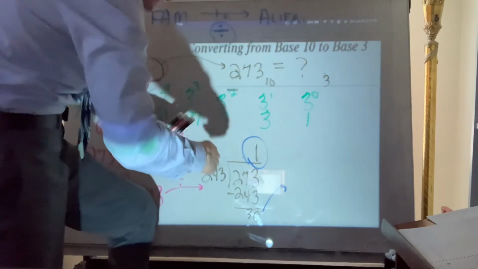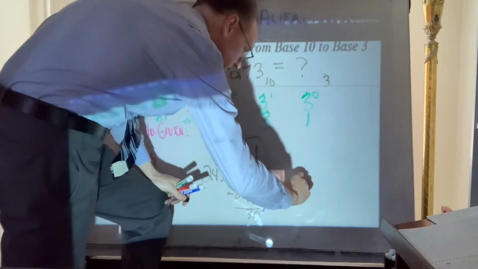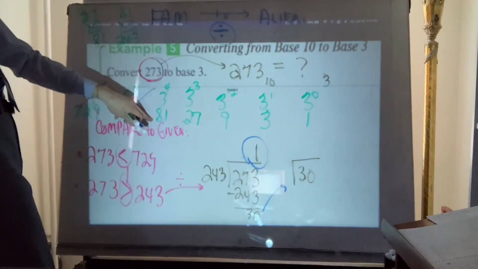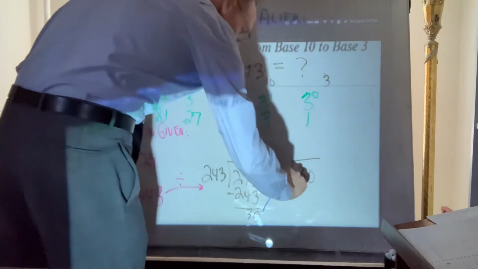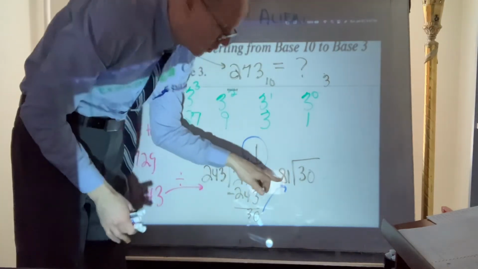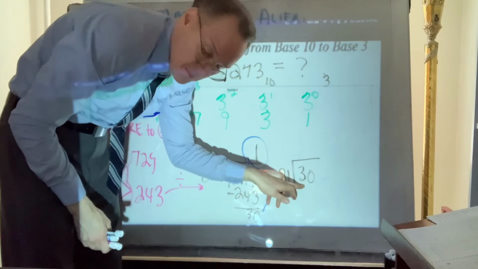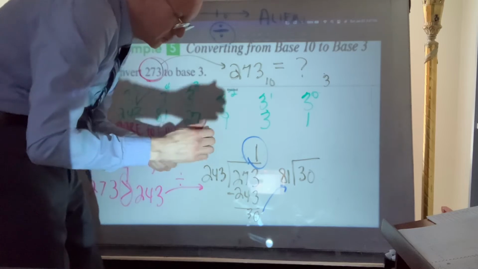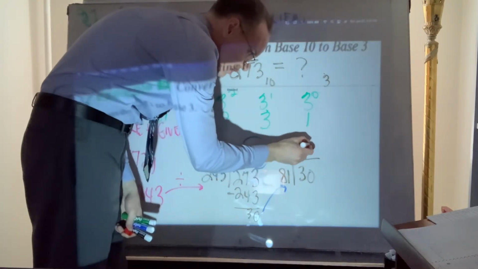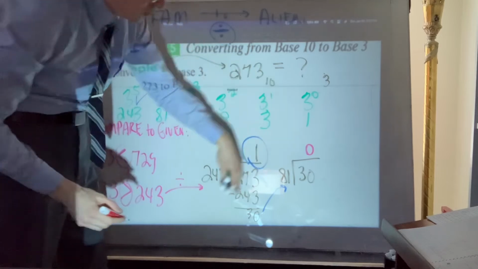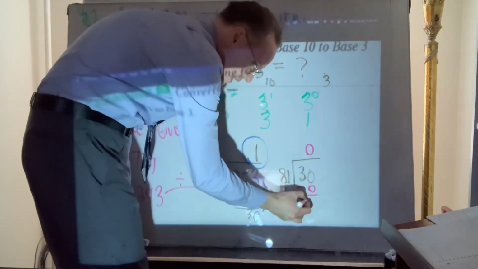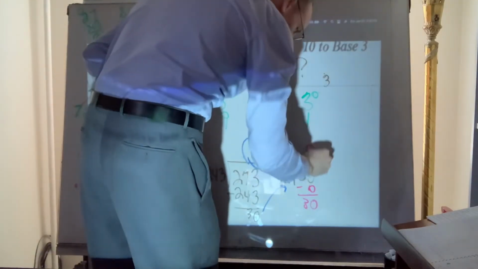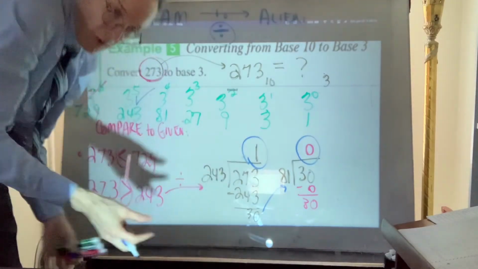If 30 is the dividend, essentially, and the position value is now 81, does 81 fit into 30, or is this too small? It's too small. So don't be deterred, just go, it is what it is, right? I'm going to put this in red just for this distinction. It's 0, right? 0 times 81, you'd put a 0 here, you'd subtract, and you'd still get stuck with 30, nonetheless, this is part of the answer, right? That position is just 0.